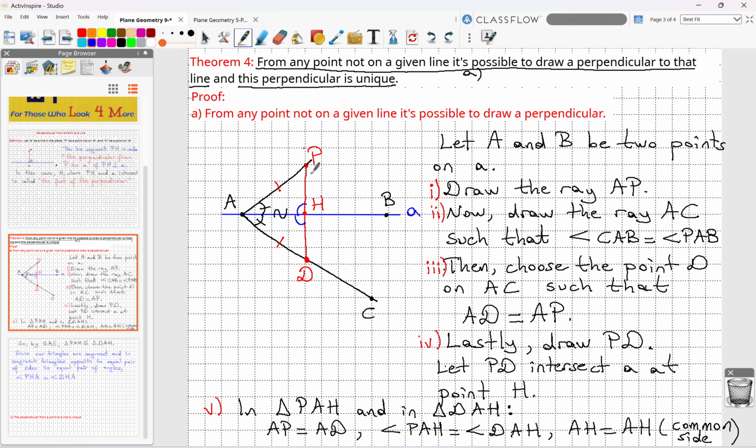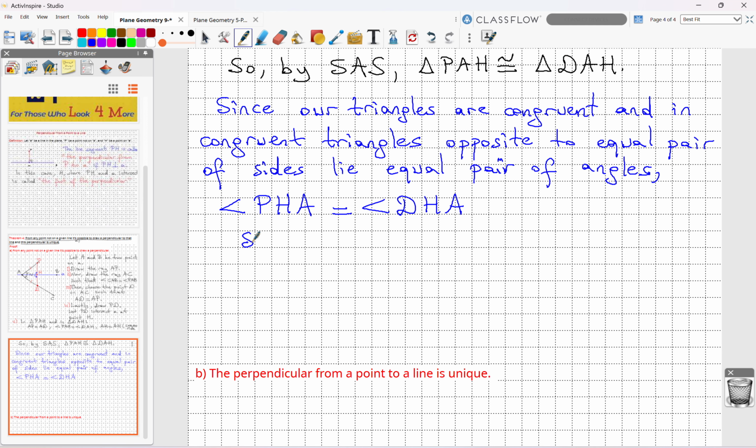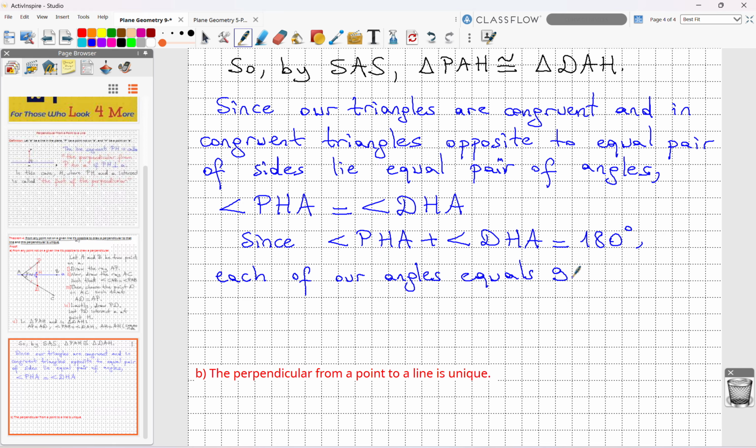But what do you see about angle PHA and DHA? These two angles are adjacent angles, and their sum is a straight angle, which is 180 degrees, right? Since the angle PHA plus the angle DHA is equal to 180 degrees, each of our angles equals 90 degrees.